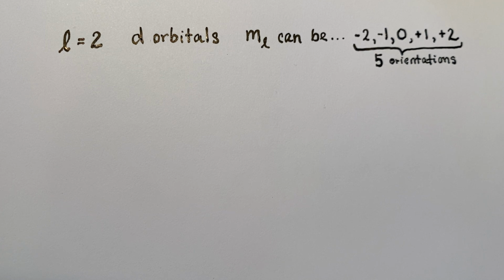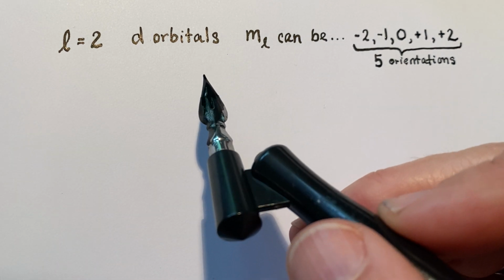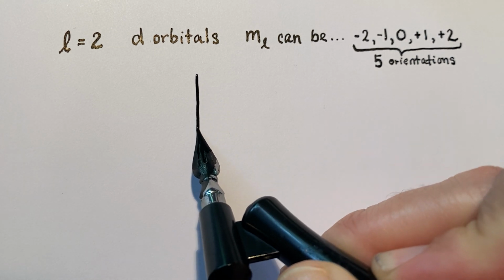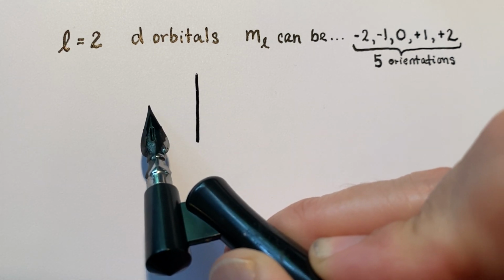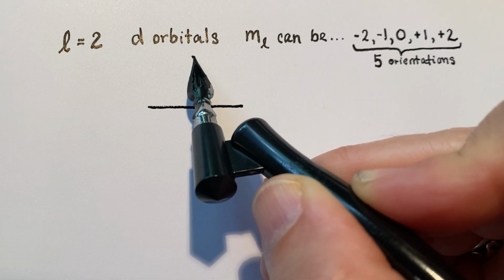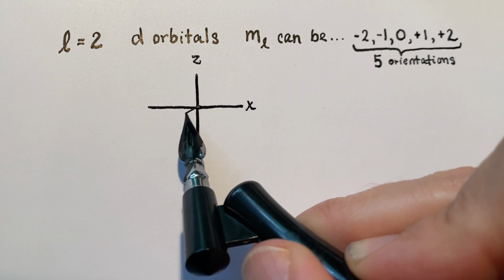All right, so I need to somehow fit 5 onto here, so I'll have to draw a little bit smaller. And I'm going to start out with the 2 that have their lobes lying on the axes. Okay, so these 2 orbitals, I have to draw a little bit smaller. I'm going to have to squeeze everything in. Again, I'm going to have my z axis up here, the x, and my y.